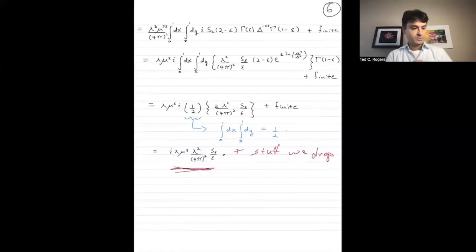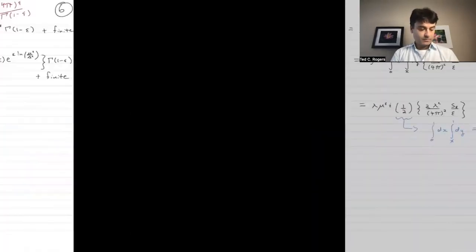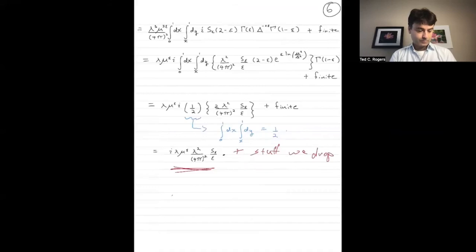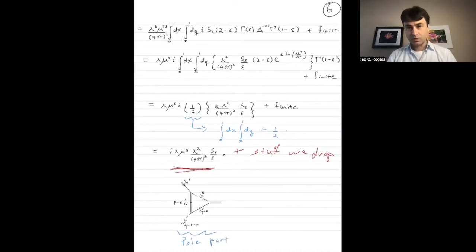Okay, so we've essentially gotten this back here. Copy and paste that. Well, what we really got was the pole part, or more accurately, S sub epsilon times the pole part.